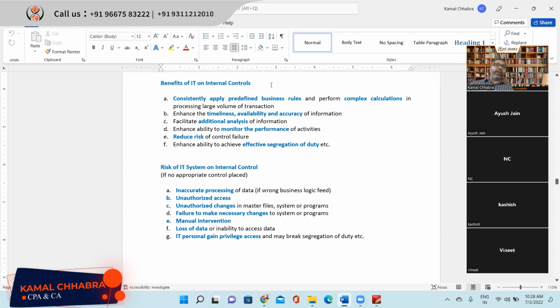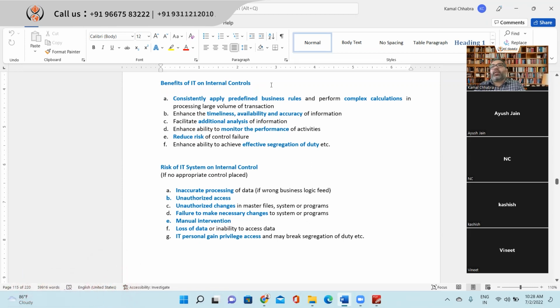With someone they have 10% commission, someone 12%, someone 24%, someone 28% of the respective products and services they are providing. So how do they manage if they do not have a good IT system, right? That is the benefit of IT system, that all this big and complex transaction or regular calculation can easily be done by the system itself.